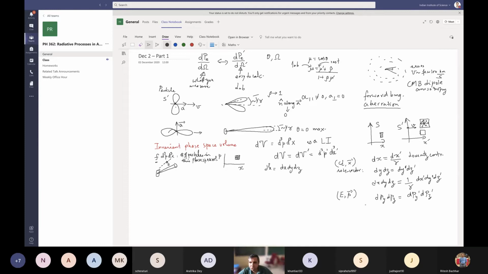What about px? This is the energy-momentum 4 vector: the energy is gamma m naught c squared, and p is gamma m v, or m u.